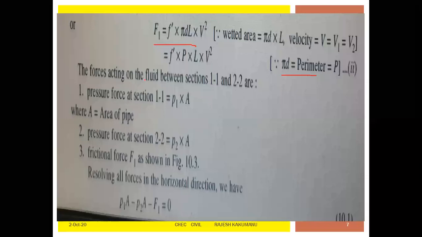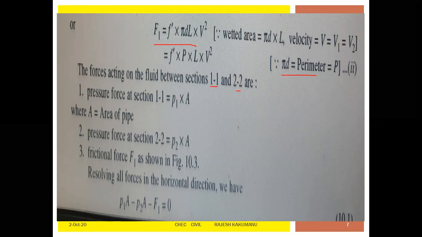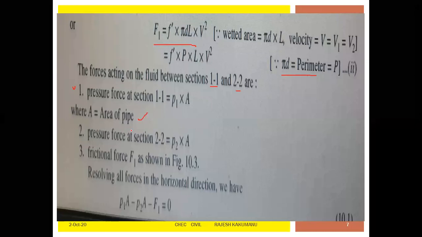The forces acting on the fluid at section 1-1 and section 2-2: at section 1, the pressure force is p1 into A, where A is the area of the pipe. Section 2 is also the same, p2 into A. Next, the frictional force F1, as shown in the figure.